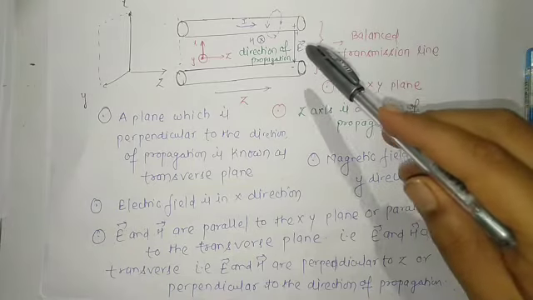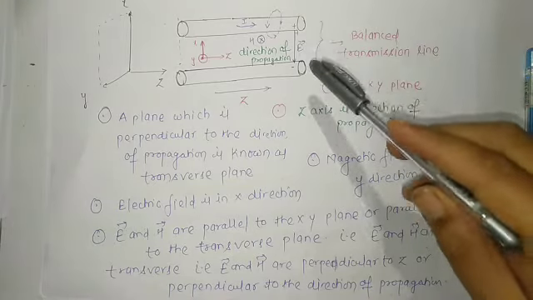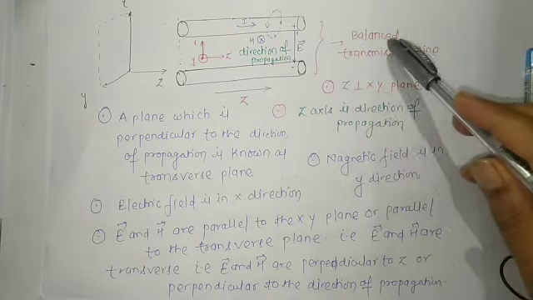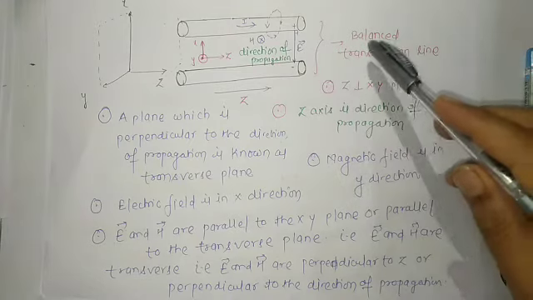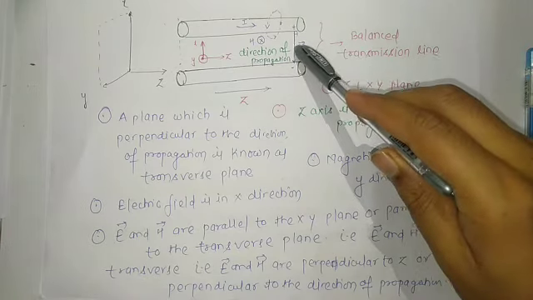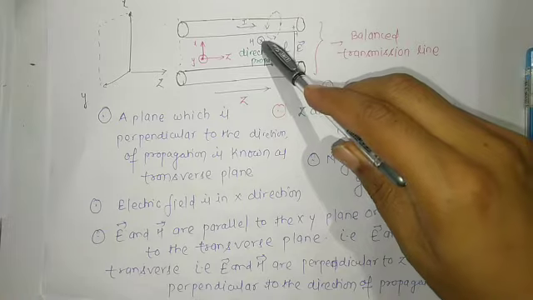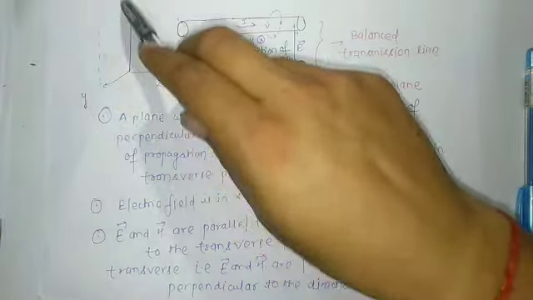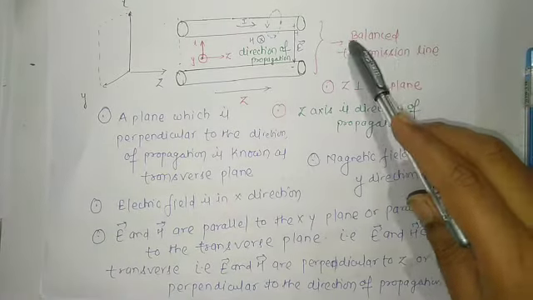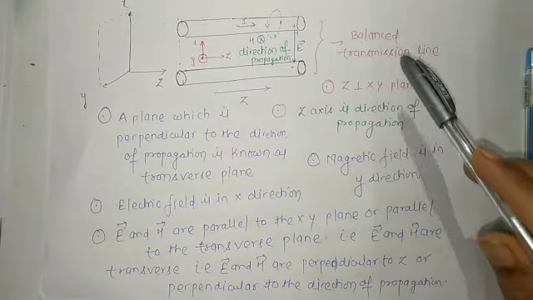I have already said that whatever the quantity, whatever the plane which is perpendicular to the direction of propagation, that is known as transverse. Can I say it is a transverse electric field? Can I say it's a transverse magnetic field? Can I say it's a transverse plane? Yes, because these three things are perpendicular to the direction of propagation.